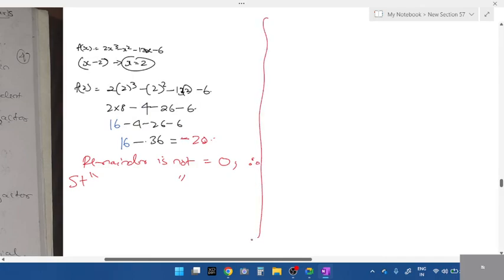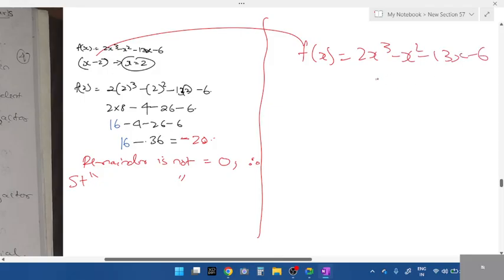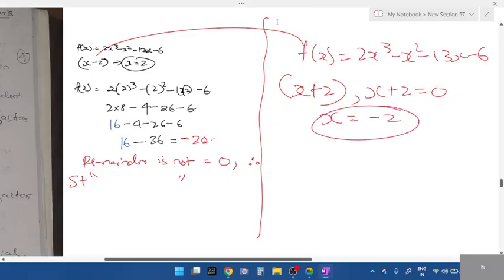To factorize completely, we should know the exact divisor. In the exam, if you get this, students, before trying other values, see, minus 2 is given. Take f of x, 2x cube minus x square minus 13x minus 6. They will definitely give such a question that if you take minus 2 is given, this time you will take plus 2. So therefore, x plus 2 is equal to 0, x is equal to minus 2. Substitute minus 2.